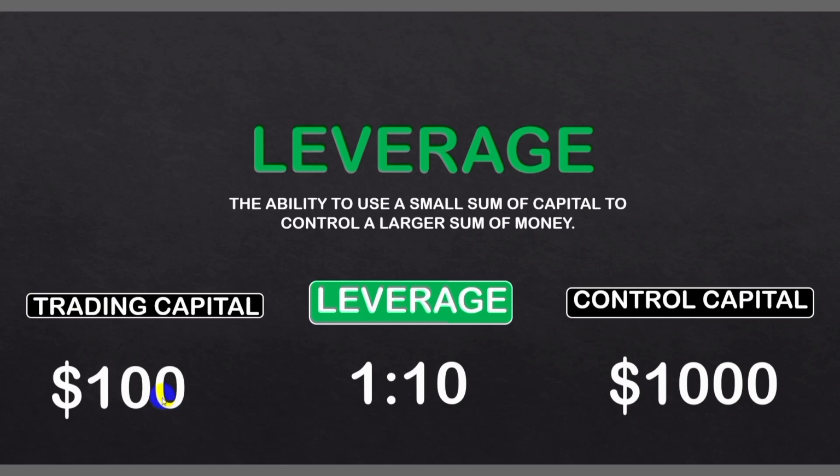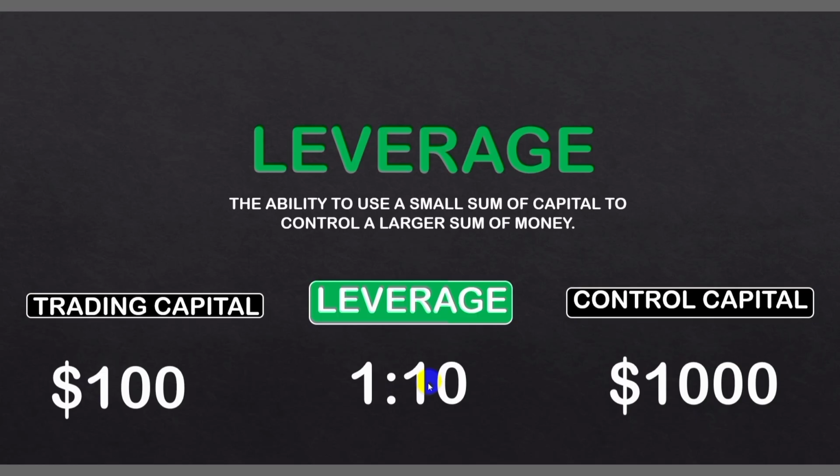With your $100 trading capital, you can open a position worth $1,000, which is the $100 capital multiplied by the 10 times leverage the broker is offering you. So $100 multiplied by 10 gives us what? $1,000. If the leverage here is 1:20, you have $2,000 controlling capital.